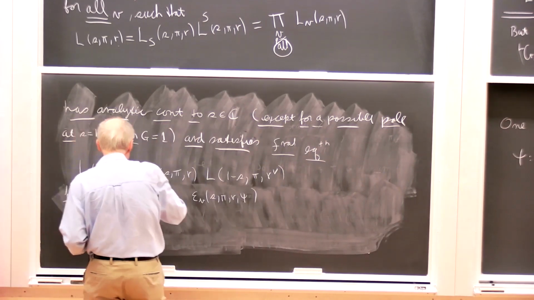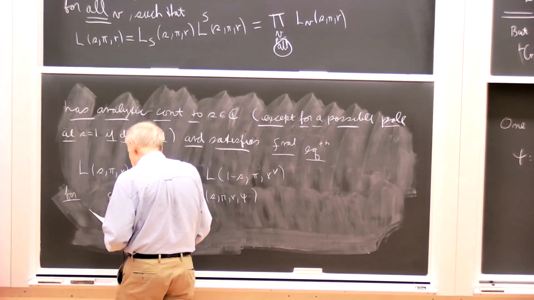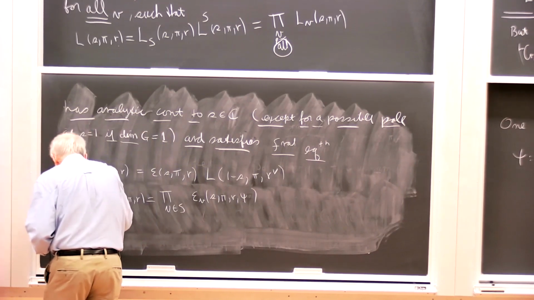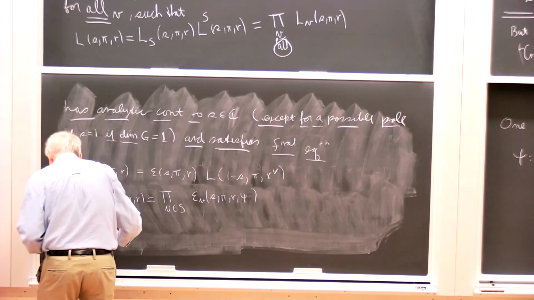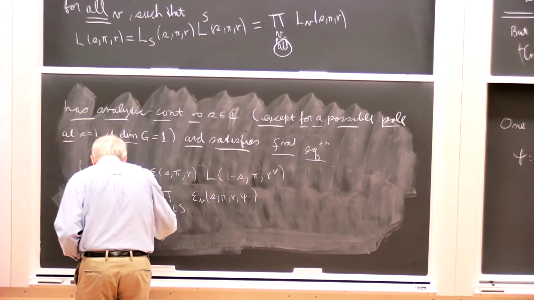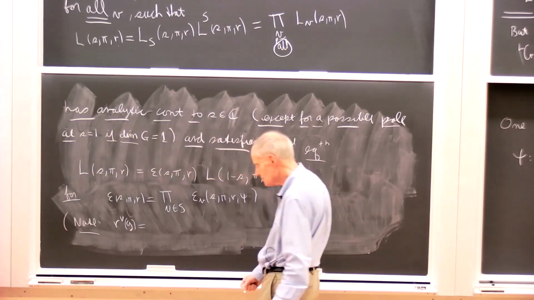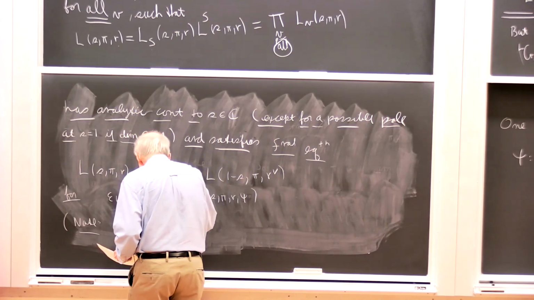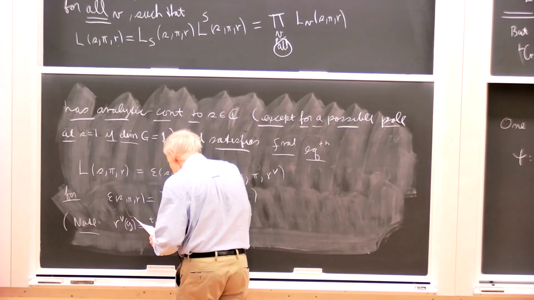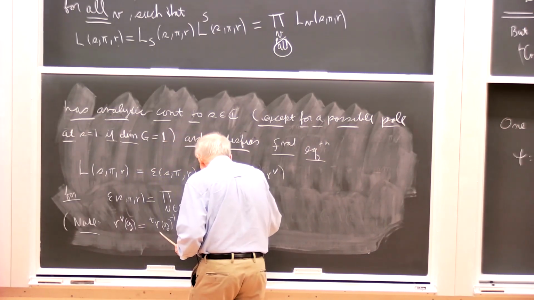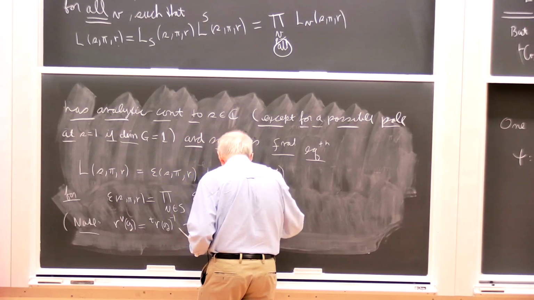Okay, so that's the assertion. And I'll just note, r check, this is a representation of the L group. So that's r of g transpose inverse. That's the contragredient representation.